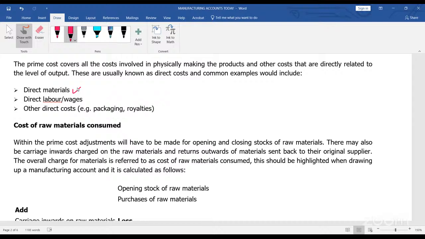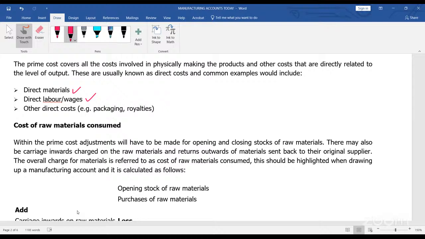Then you have the direct wages, and then you may also have some other direct costs other than direct materials and direct labor. For example, royalties are direct costs, so they also form part of the prime cost.